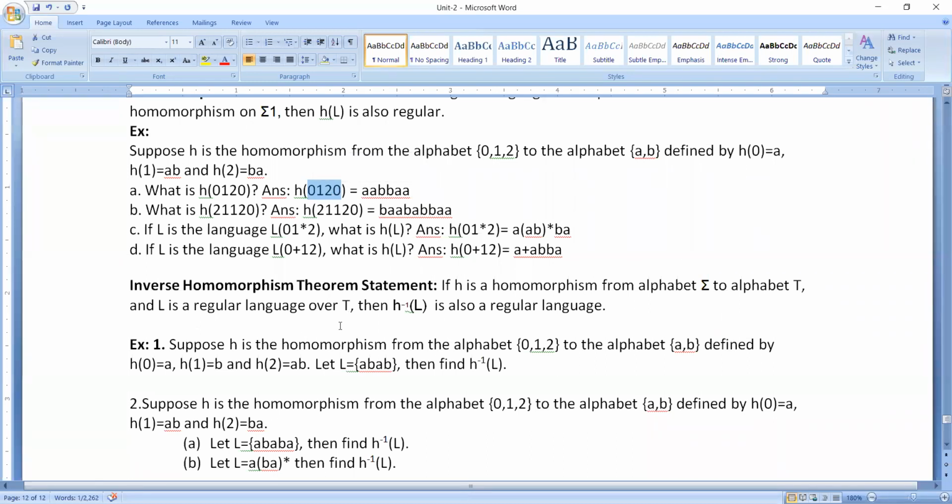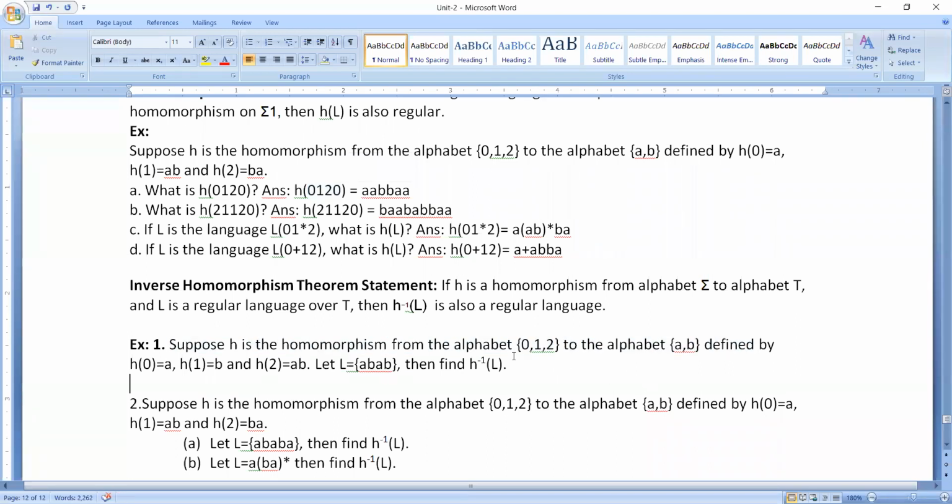Now if you observe thoroughly, don't go into the theorem, just have a look at this. First we look into the problem statement. Suppose H is the homomorphism function from the alphabet {0, 1, 2} to the alphabet {a, b}.